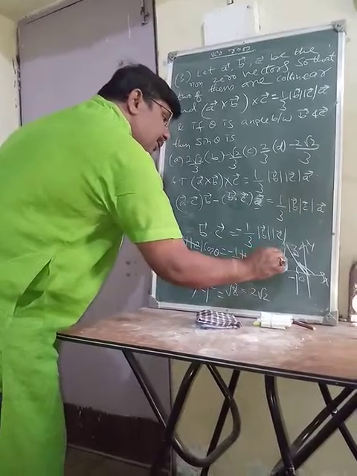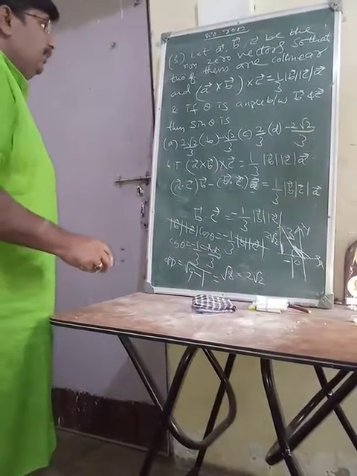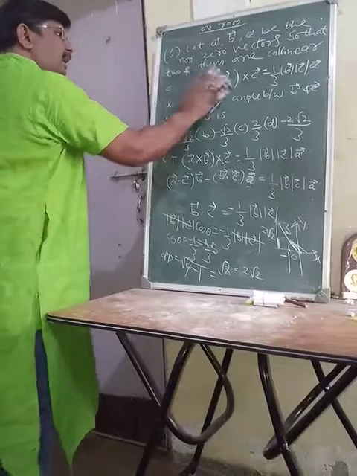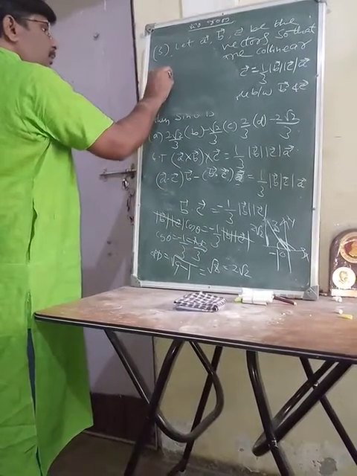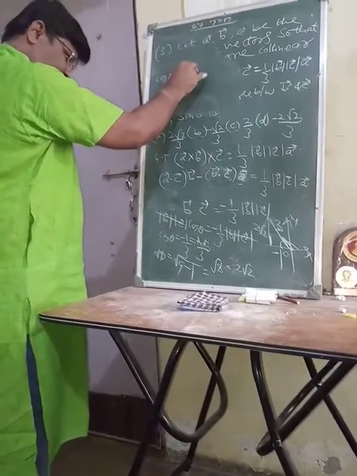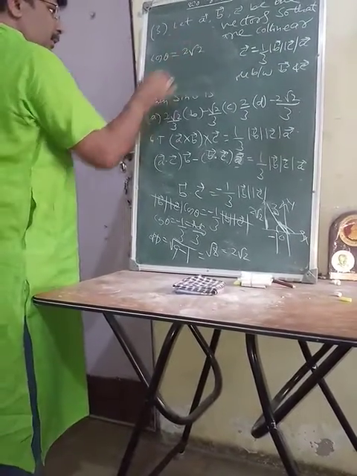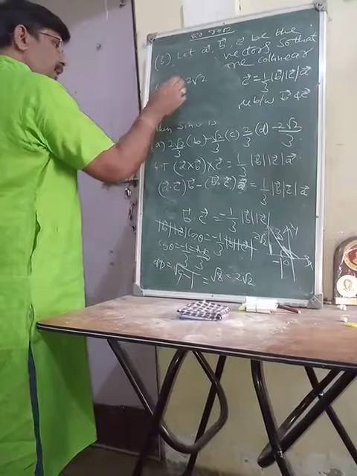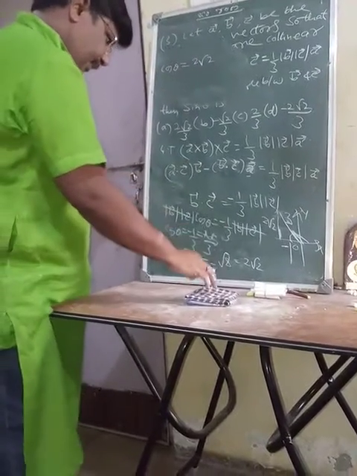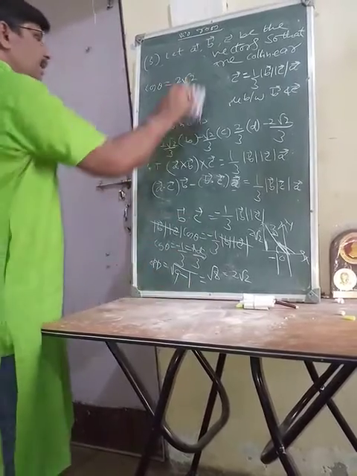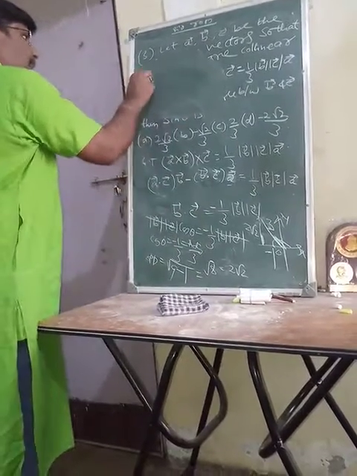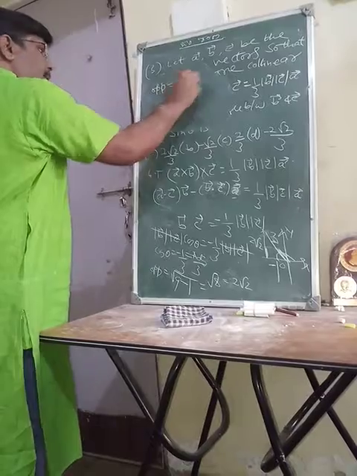Here the opposite side is 2 root 2. There is a scarcity of place, please excuse me. Cos theta we have got, adjacent side minus 1, opposite side 2 root 2.